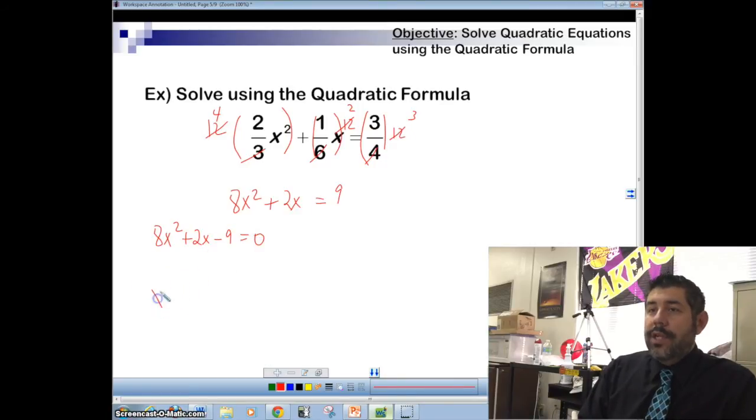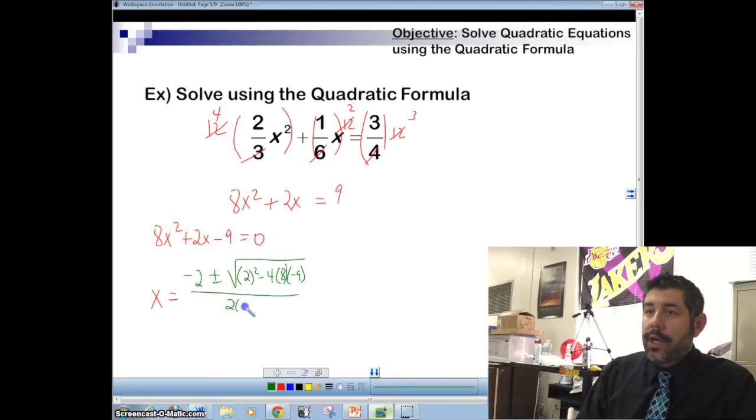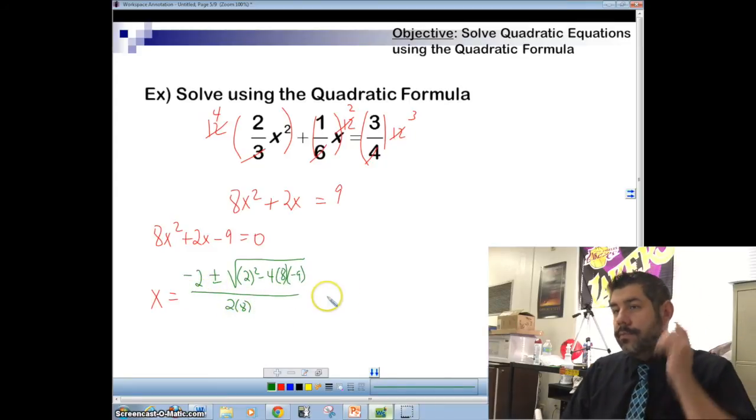And now I'm going to use the quadratic formula. So negative b plus or minus the square root of b squared minus 4ac all over 2a. Okay?